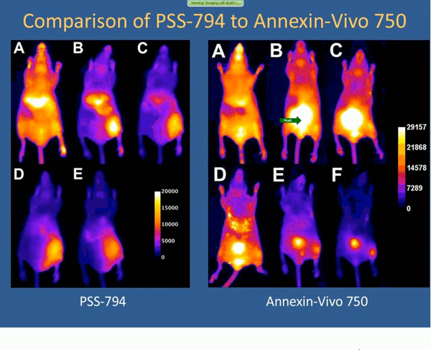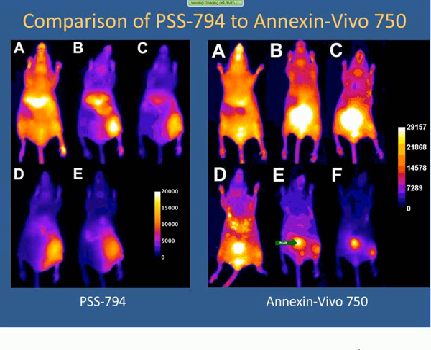Now, perhaps TSS794 is a good complement, because if we were looking at tissue damage in the liver, we would suffer the same consequences, since the liver is the clearance pathway for TSS794, and the bladder is the pathway for Annexin-Vivo 750.